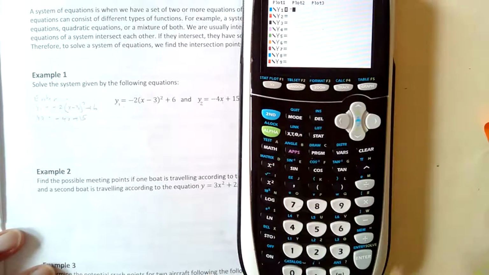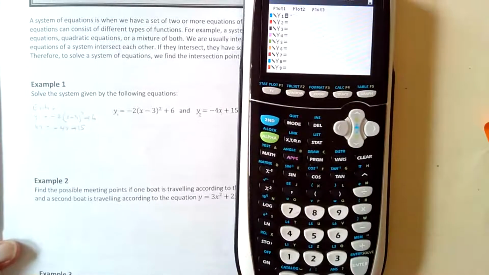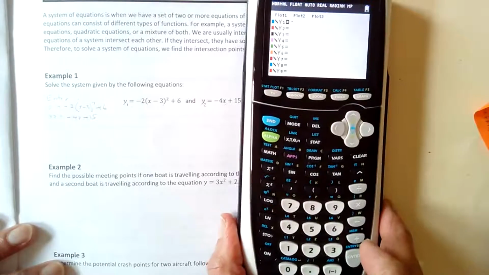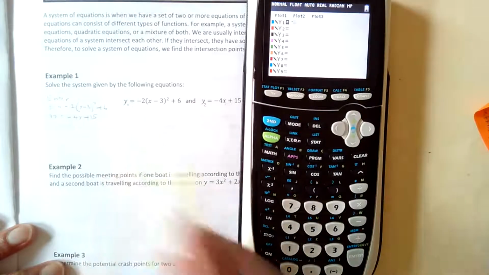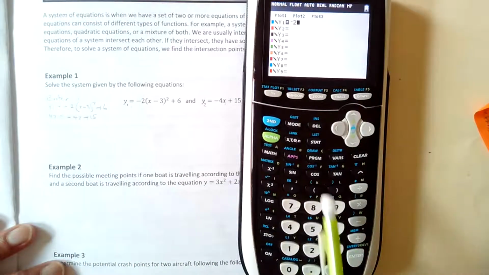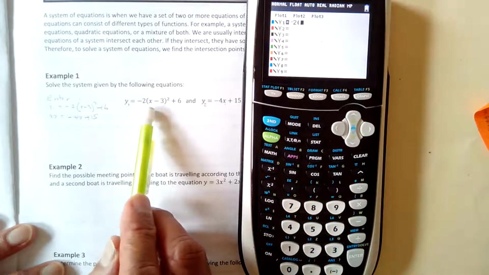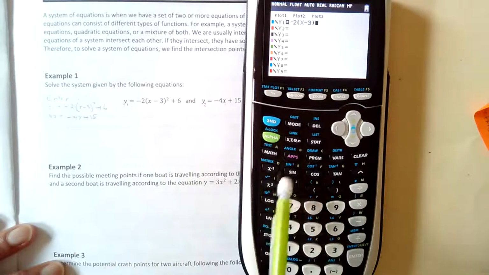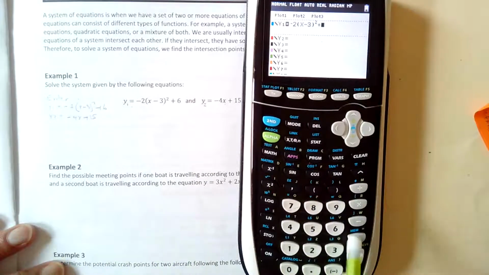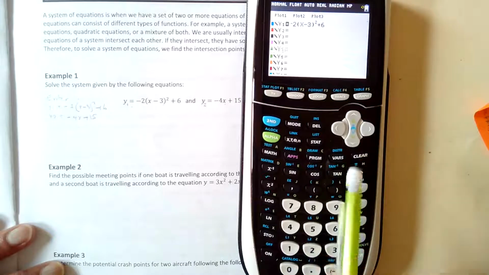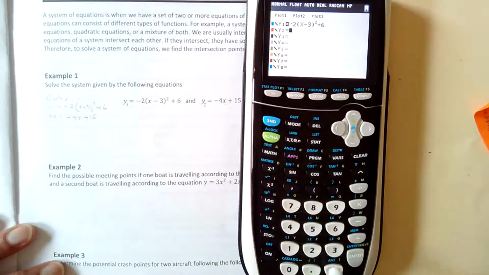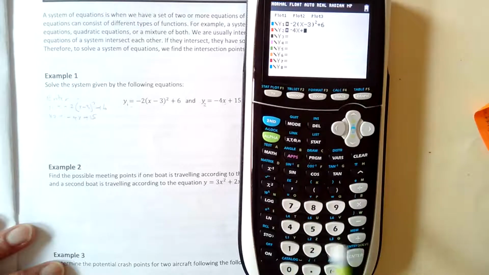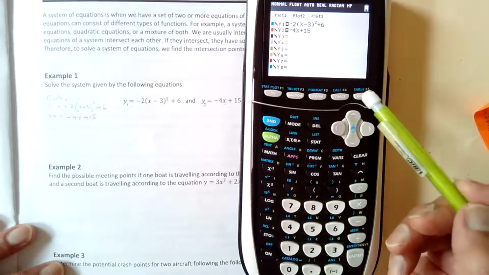We have a negative button way at the bottom here. Okay, maybe let's zoom out a little bit. So -2, open bracket, x minus 3, close bracket, squared, plus 6. That's line 1. And line 2, we have negative 4x plus 15.